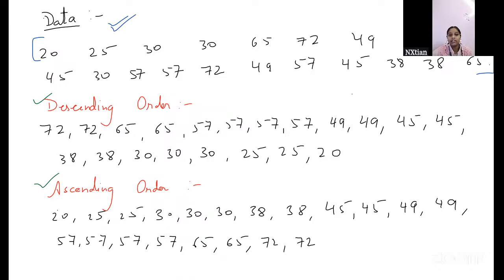That is known as frequency, meaning how many times a number is occurring. Right after this, once the data is arranged in ascending or descending order, I will make a frequency table with you with the same data.